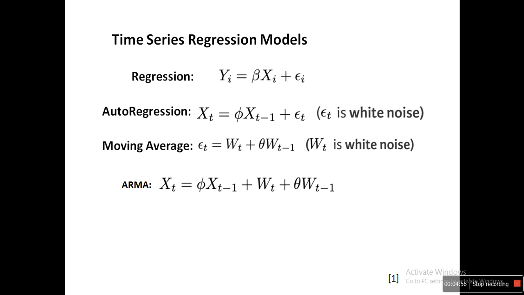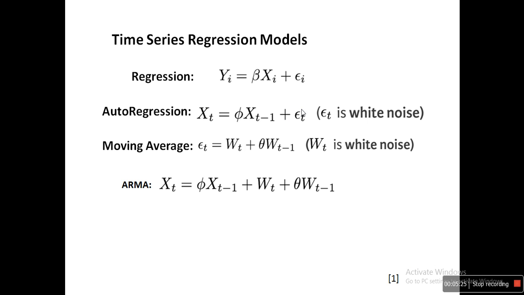The sequence means the present value at time t, here t means the current time. The value at the current time is predicted from the previous data values plus the white noise.